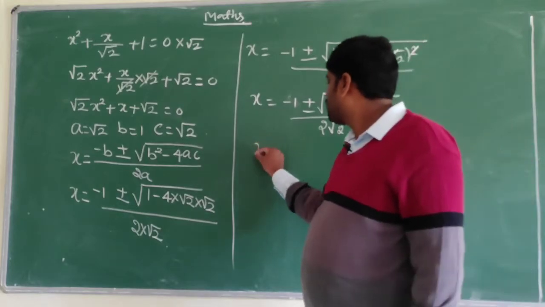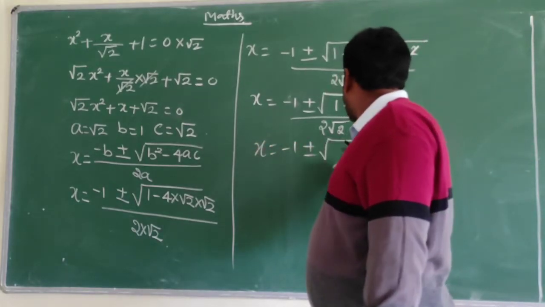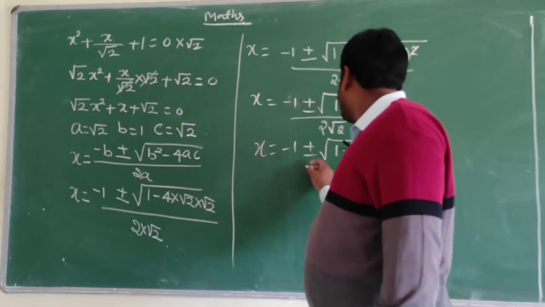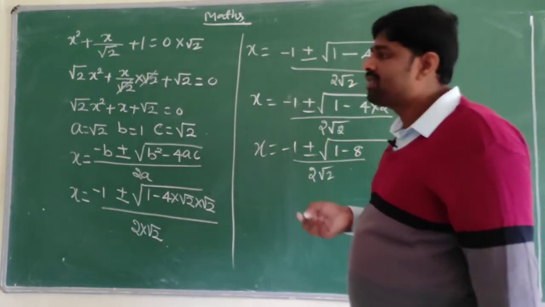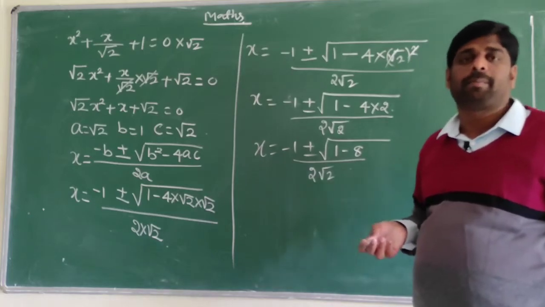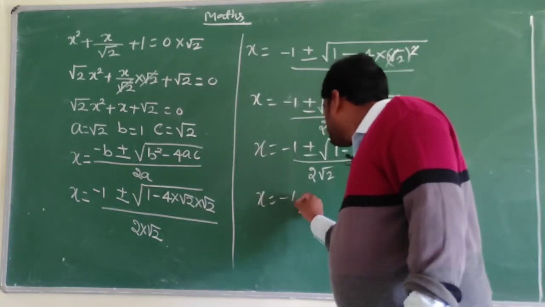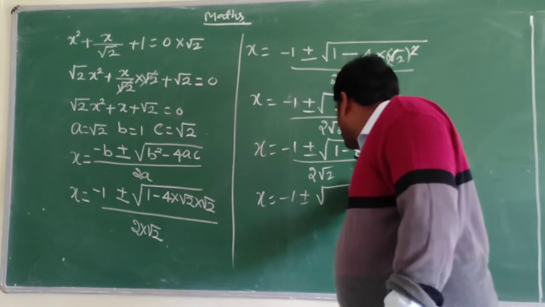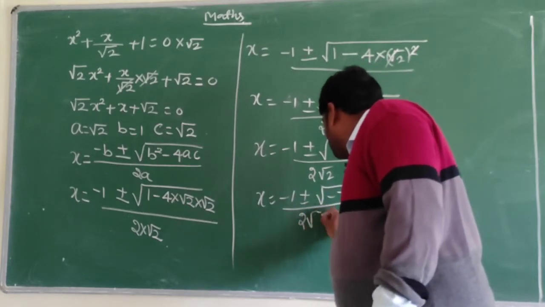That is minus 1 plus or minus square root of 1 minus 8 divided by 2 root 2. 1 minus 8 is minus 7. X is equal to minus 1 plus or minus square root of minus 7 divided by 2 root 2.